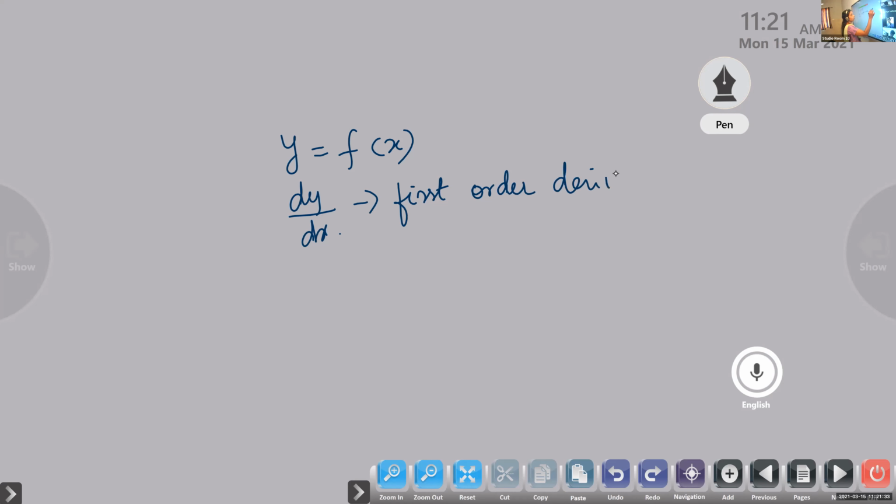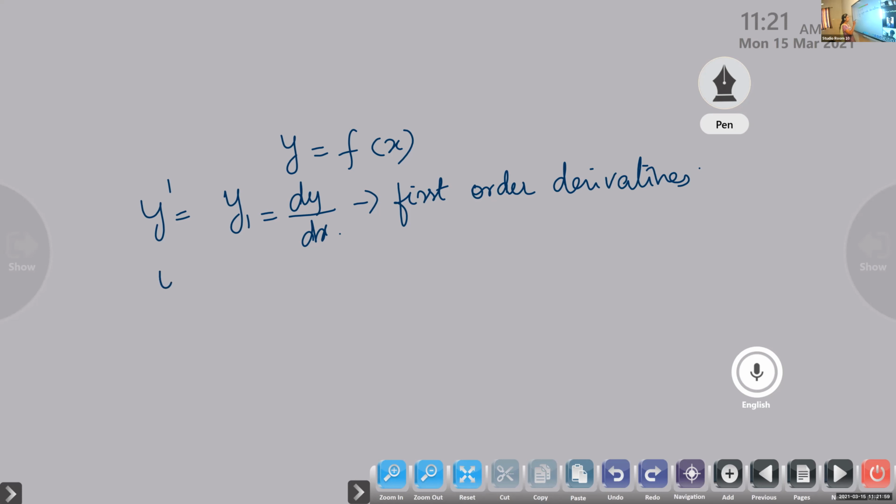All those things we wrote while learning the derivatives, we write again. y1, or sometimes we denote this as y dash. All these things are the same. Whenever y is f of x, y dash is equal to y1 is equal to dy by dx, which is the first order derivative. Suppose I am differentiating one more time.